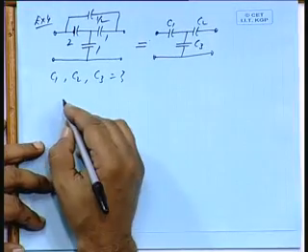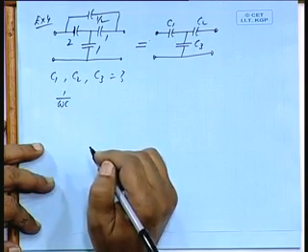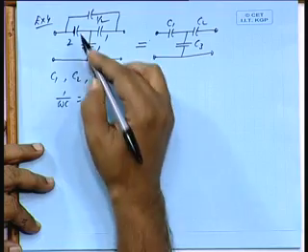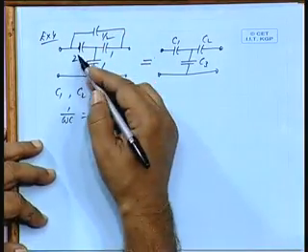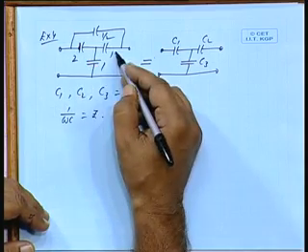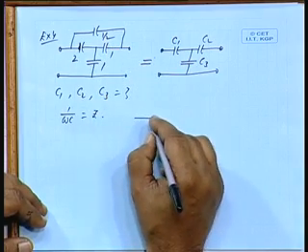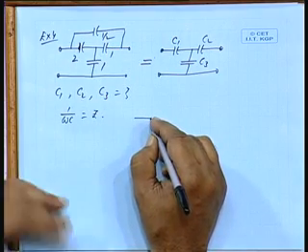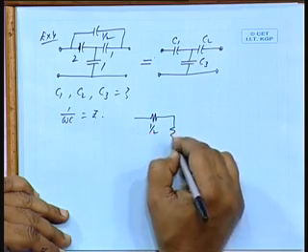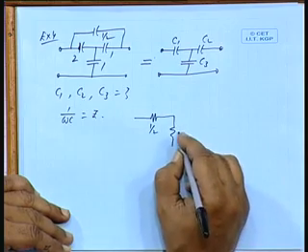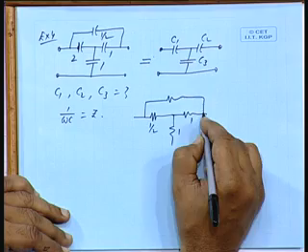Now, as you know, the impedance of a capacitor is 1 by C into omega. If we replace these capacitances by their corresponding impedances, then it will be proportional to 1 by 2, 1 by 1, 1 by 1 and 1 by half. So, as if there are resistances, you call it impedance or resistance, of magnitude half, just inverse of these, 1, 1 and 2.